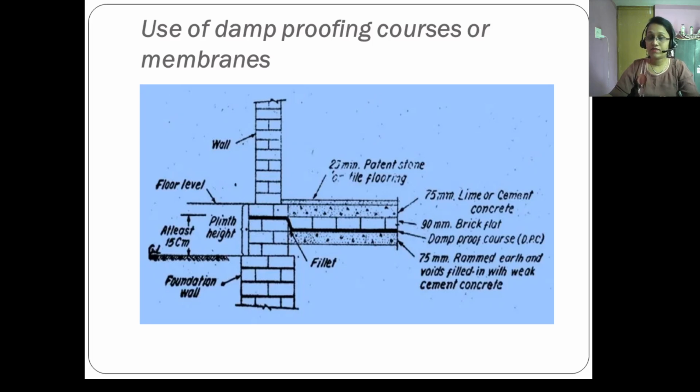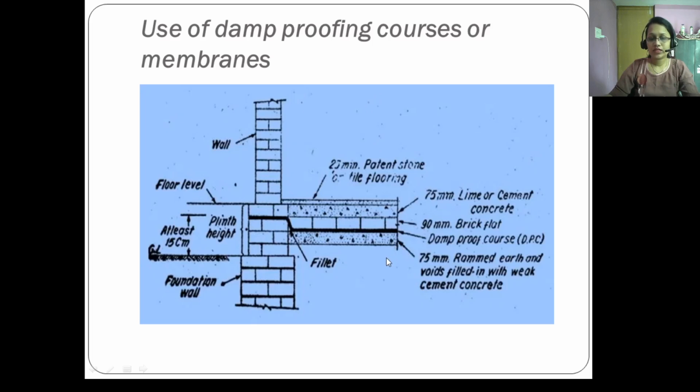It should be properly leveled and even and should be free from projections so that the DPC is not damaged. So the DPC should be so laid that a continuous projection is provided. At junctions and corners of the walls, the horizontal DPC should be laid continuous.